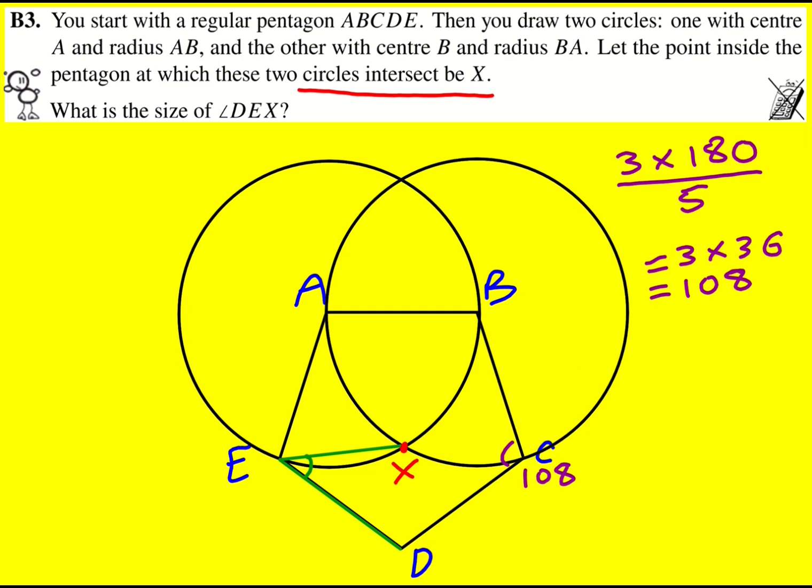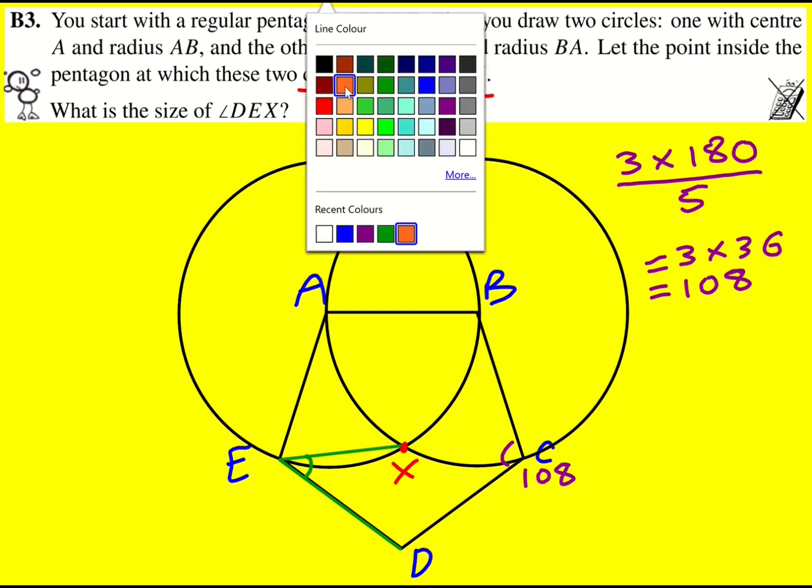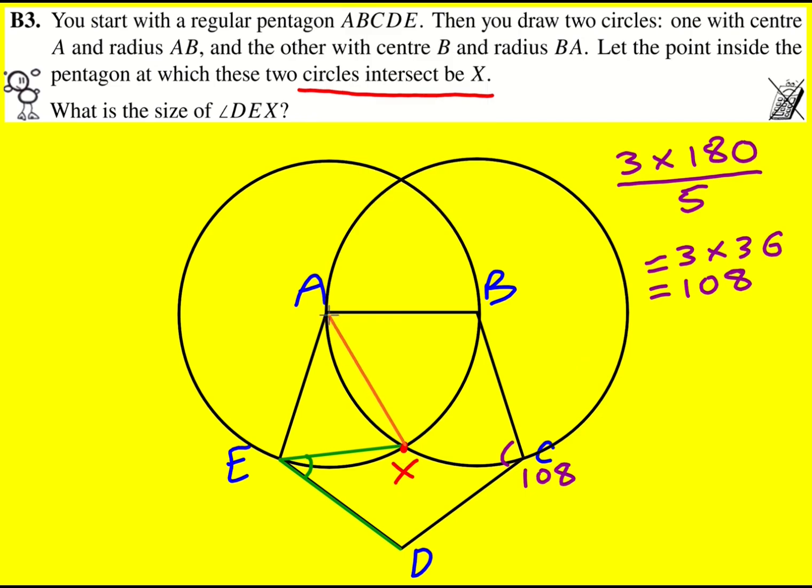Now, there's one other crucial thing to spot, and that is that this is in fact an equilateral triangle. They all have the same sides. And we know that because we can see that they're both the radius of one of the circles, basically.